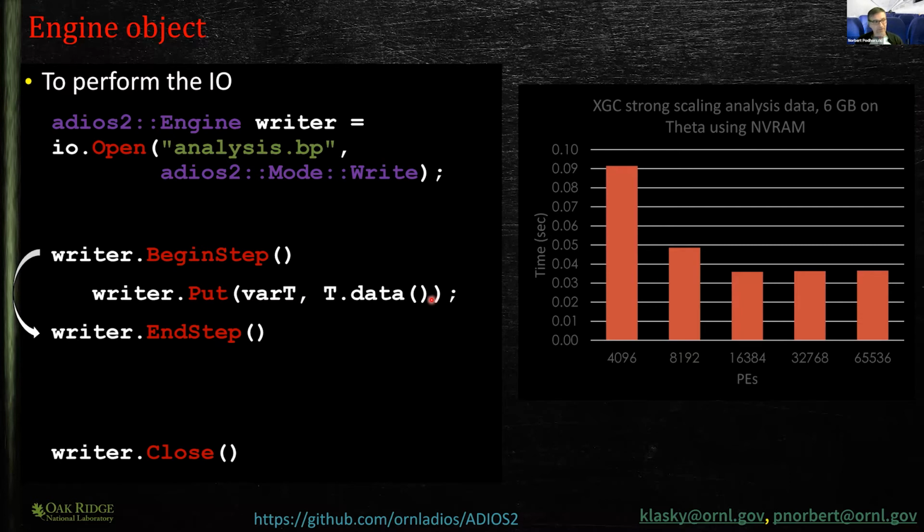And so if you need to change T before you reach end step, you must add a third argument here saying sync mode. And that will force a copy by any engine that cannot process the data immediately. They have to copy it, so then the application can modify it.